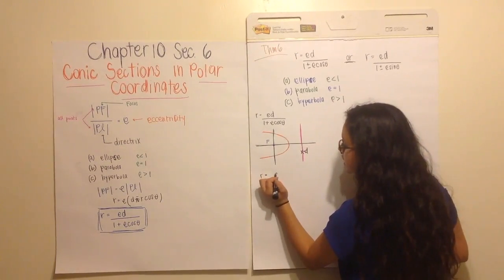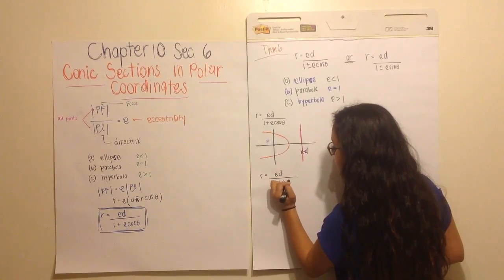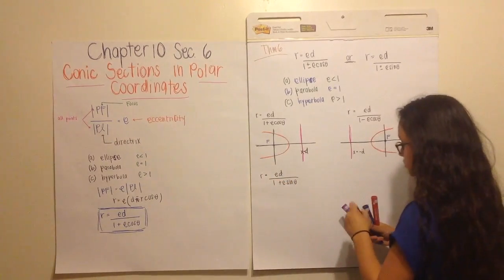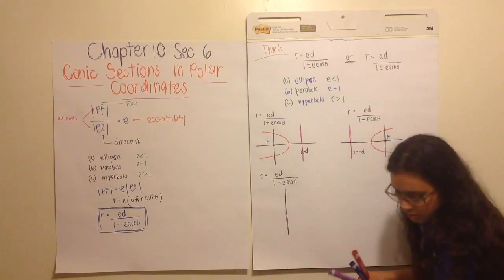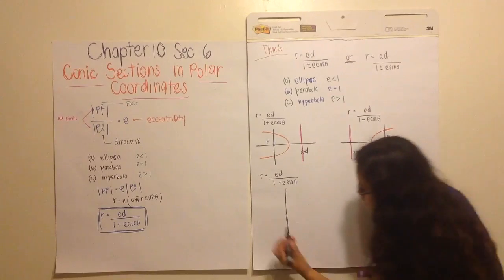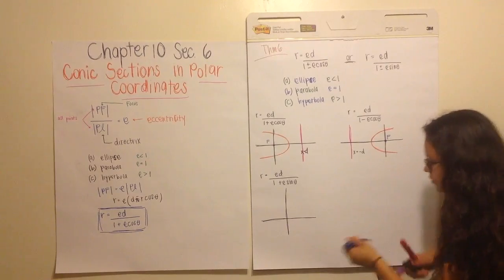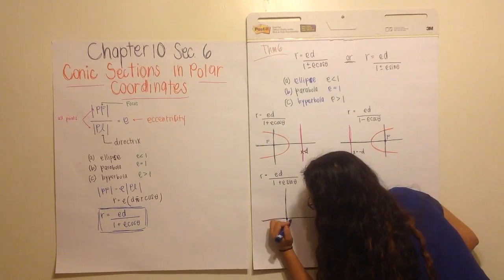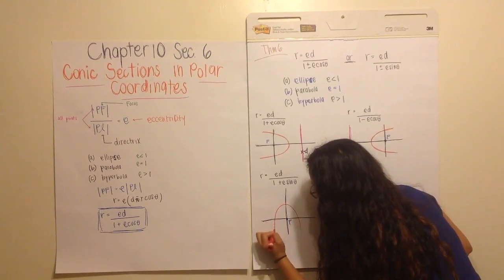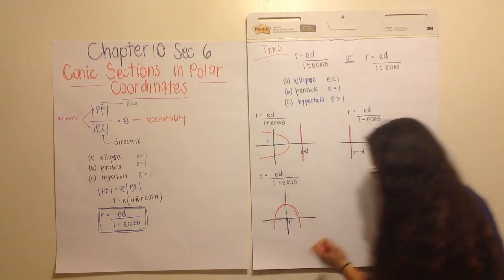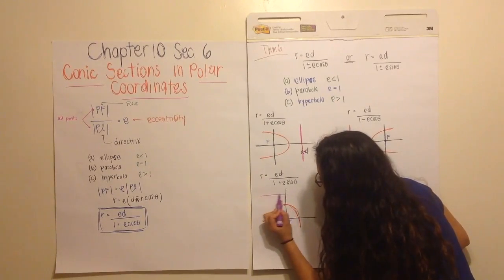So r equals e times d over 1 plus e sine theta. Our graph should look like this. That's our focus, this is our parabola, and our directrix is this.